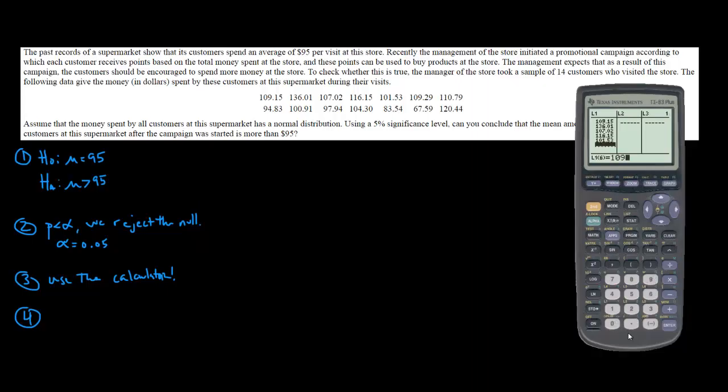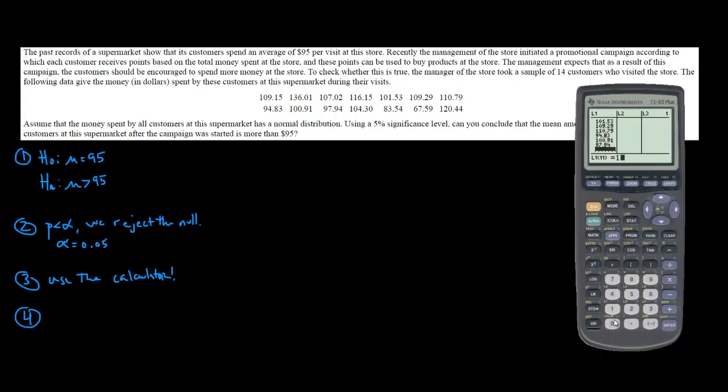We have $109.29. We have 110.79. We have 94.83. We have $91. We have $97.94.